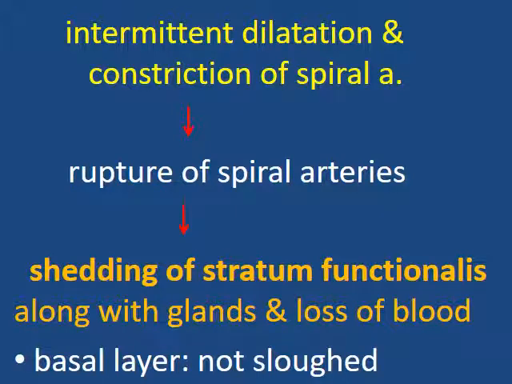As a result, there will be intermittent dilatation and constriction of spiral artery, and there is rupture of spiral arteries. Thus, shedding of stratum functionalis occurs along with glands and loss of blood, but the basal layer remains intact.